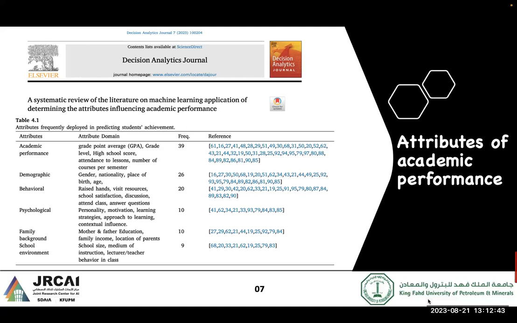This kind of behavior can be recognized as the number of raised hands, how many times the student visits the resources, discussion, attendance to the classes, answering questions, and so on. So this is under the category of behavior of the students. And finally, we have the psychological and family information as shown in the figure.